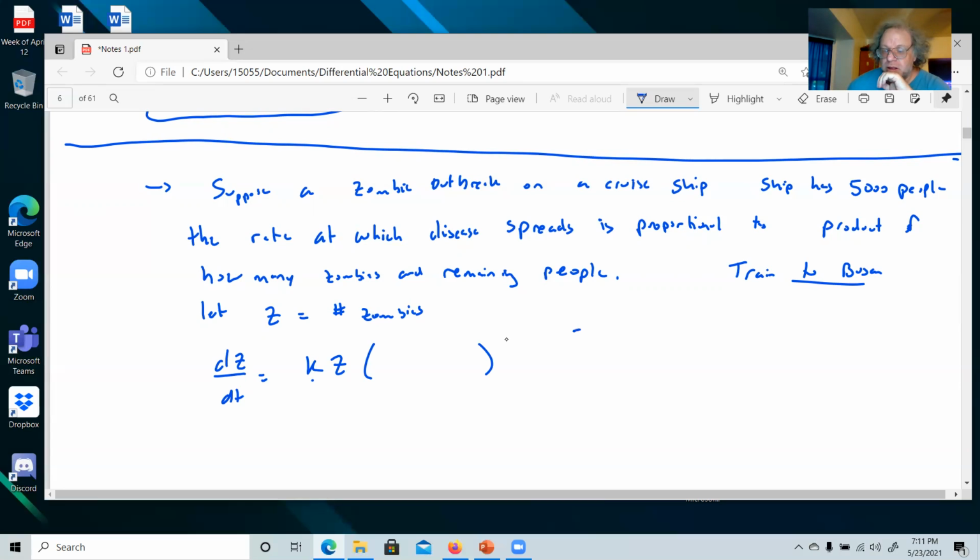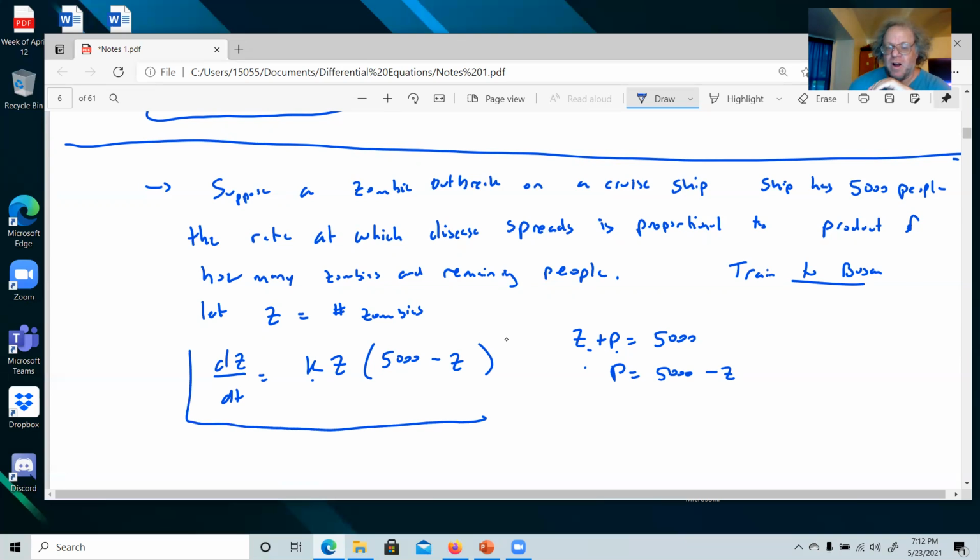Z plus P would be 5,000, zombies plus people in total. So P would be 5,000 minus Z. So we want 5,000 minus Z, and that is our model.